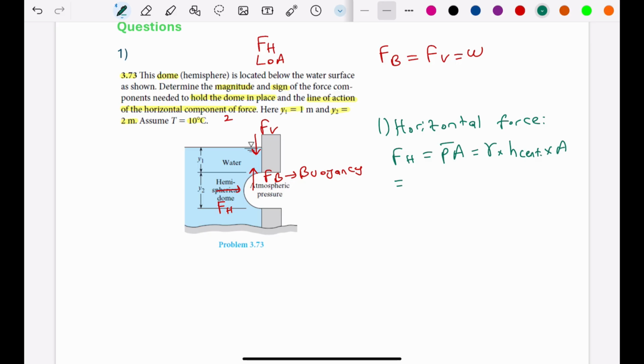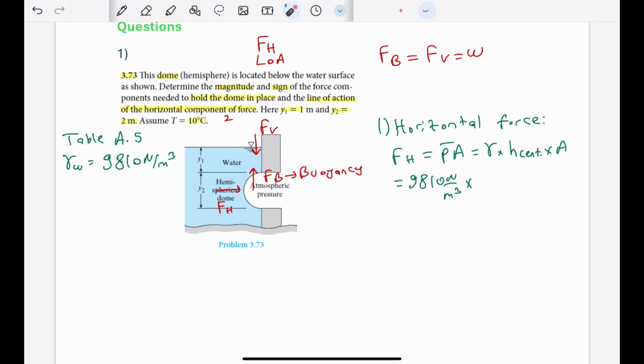So it will be equal to, and let me write the specific weight from table 8.5. So for this temperature, the water specific weight is equal to this value. So it will be equal to 9,810 times, let's find depth of centroid.